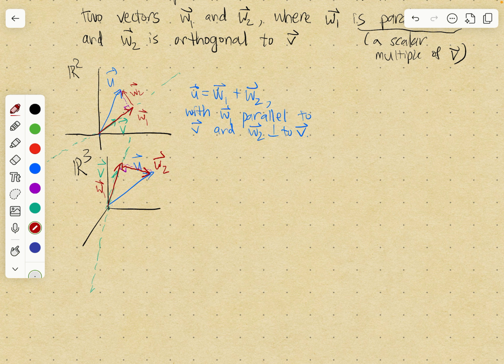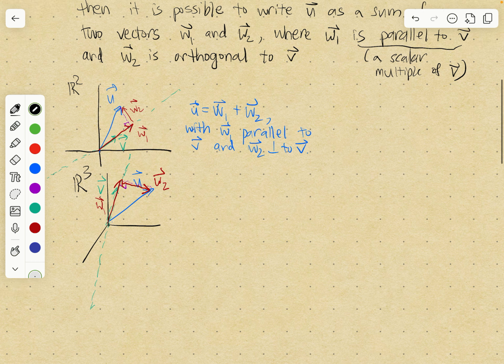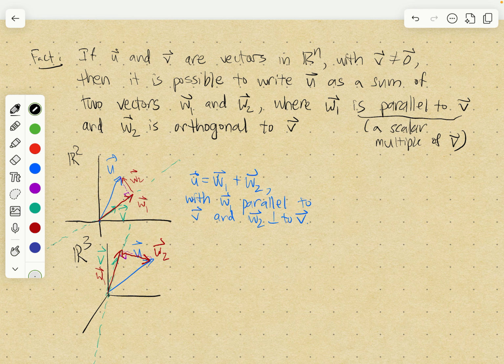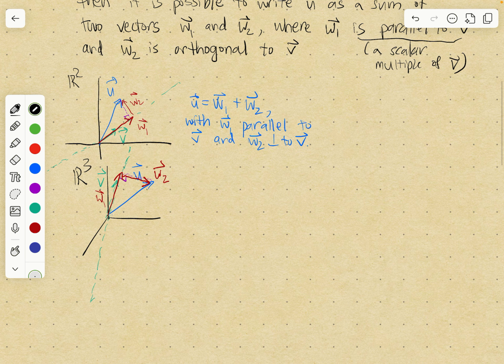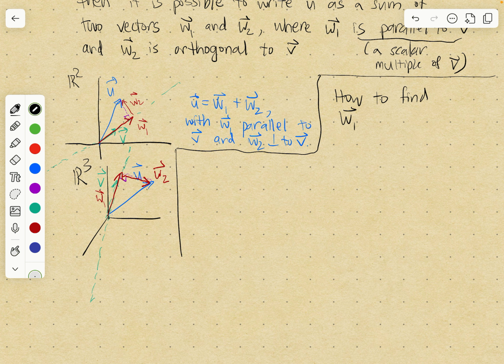So the question now is, well, from the pictures in R2 and R3, it's very plausible that this fact is true, but how do we prove it for Rn? Well, what we can do is we can actually find what w1 and w2 are going to be. So let's see how we can find w1 and w2. Once we find w1, then w2 is just going to be u minus w1, right?